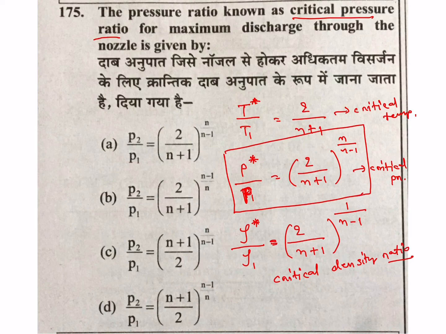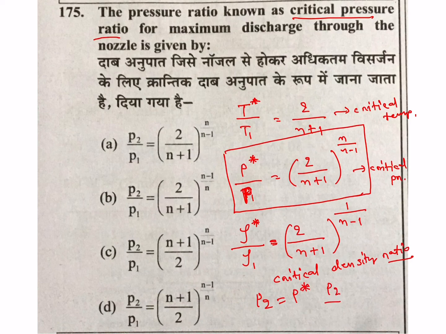P star by P1. And your T1, P1 and rho 1, these are temperature, pressure and density. And for your critical condition, P2 equal to P star.